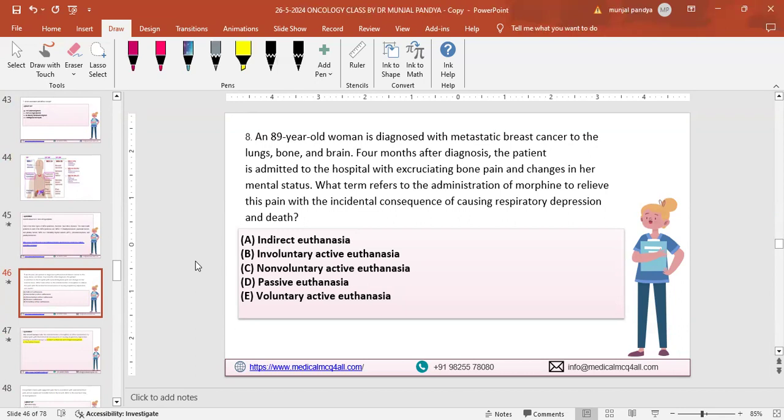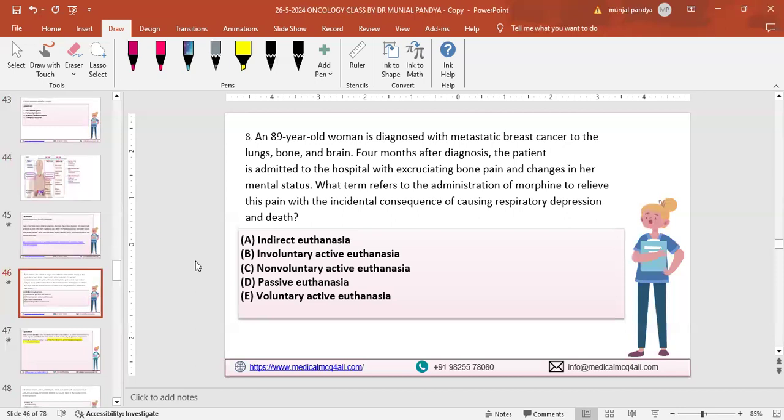Simpler way: metastatic breast cancer, you are trying to kill the patient by giving a high dose of morphine. You want to take him out of suffering. What is this called? Indirect euthanasia, involuntary active euthanasia, non-voluntary active euthanasia, passive euthanasia, or voluntary active euthanasia.